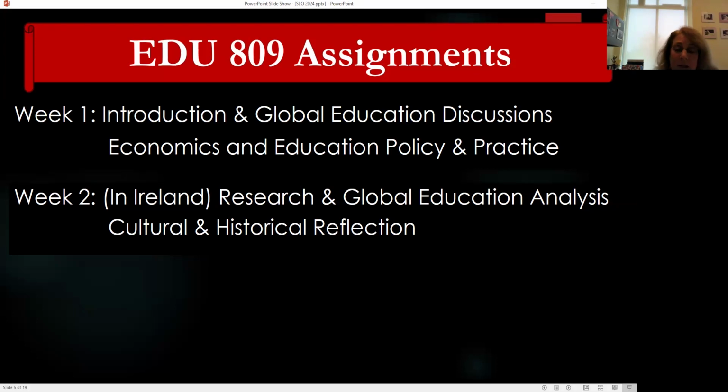When we're in Ireland, we focus on 2 important aspects of learning. One is a research conference, and in that there are sessions presented by local educators in Ireland, both on research and global education that I will talk about in a bit. But we also do cultural and historical activities to give students that other lens on their learning.